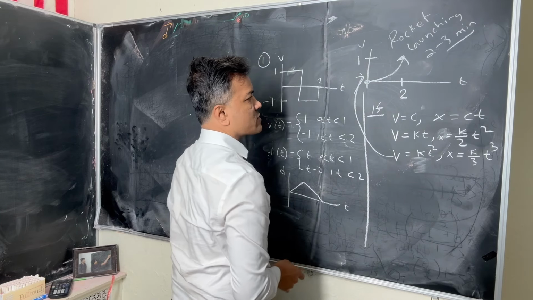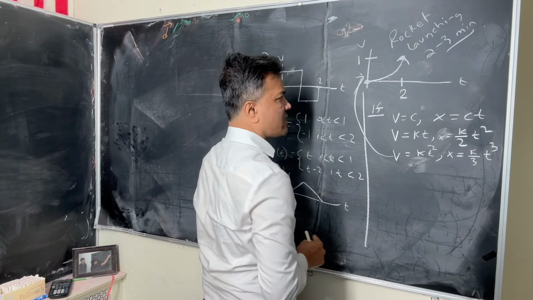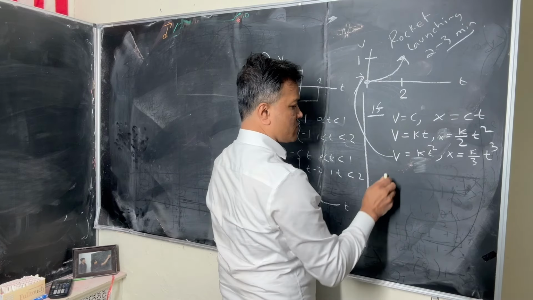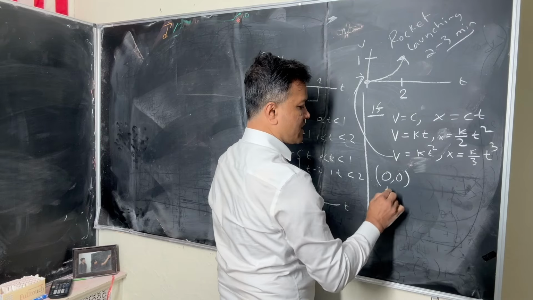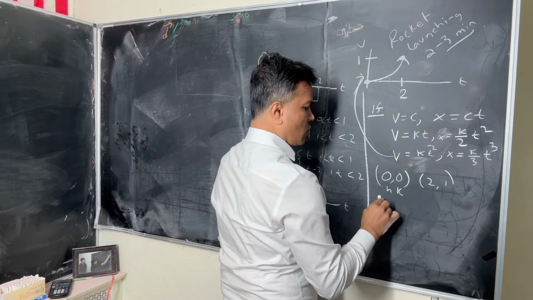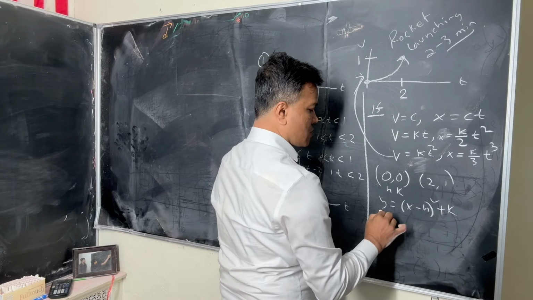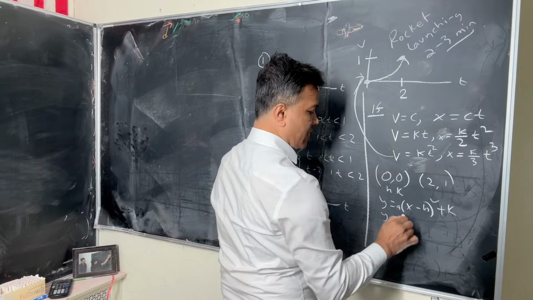How do we know velocity is quadratic? Let's find the equation. I have the point 0, 0, which is h, k. I have 2, 1. So y is equal to a times x minus h squared plus k. Don't forget a.